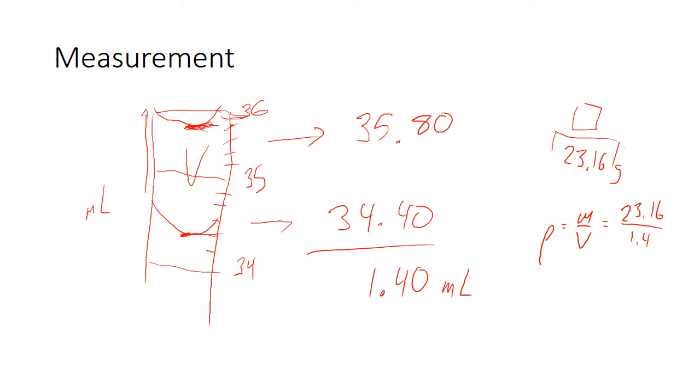So we're going to get 16.54. Now, we have to think about it. Is that the right amount of sig figs? No, it is not, because we have 4 sig figs on top, 3 on the bottom, right, because it's 1.40. So we're going to have 16.5, and then we're in grams per milliliter, and that's what we'll be looking at for our answer.